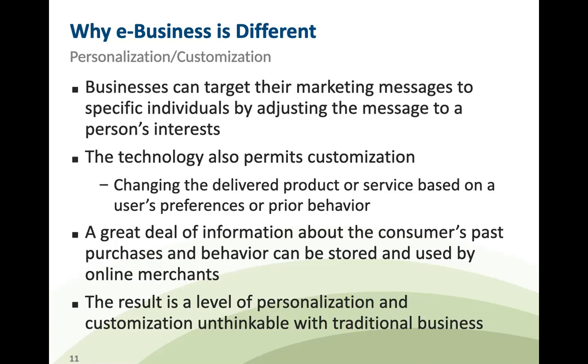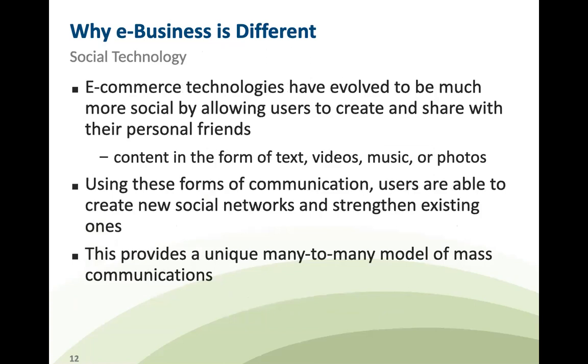So basically in traditional business it's hard to do this customization and personalization, but it's facilitated in e-business, so that's what makes it different. And another factor is social technology. E-commerce technologies have evolved to be much more social by allowing users to create and share with their personal friends. So basically, you can suggest these products to your friends, right?